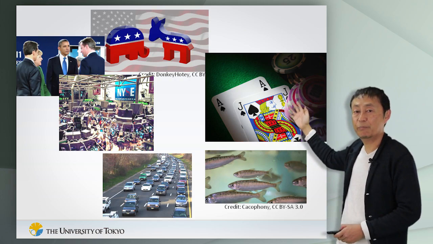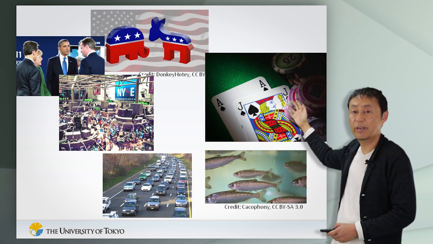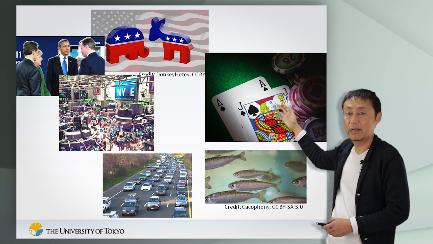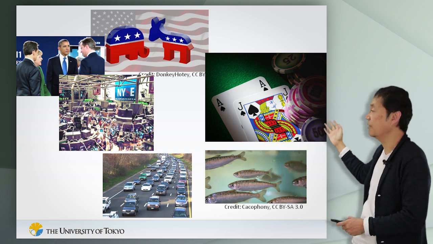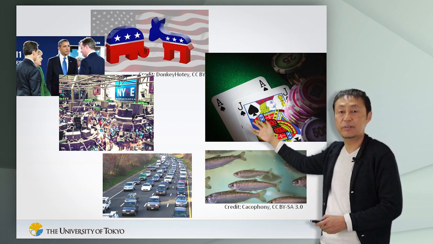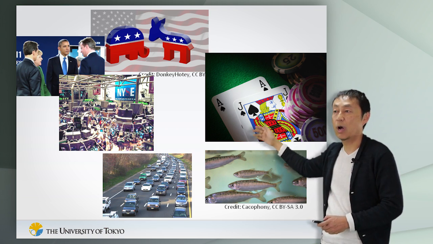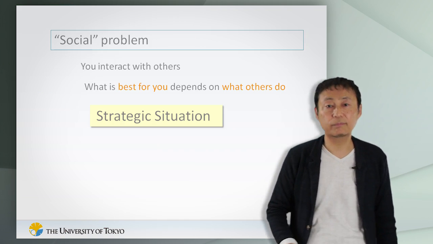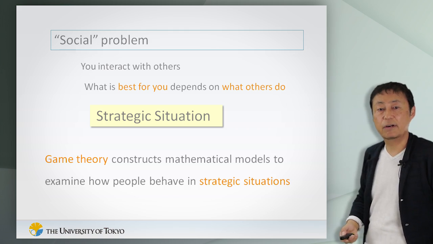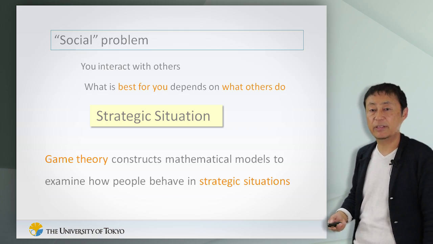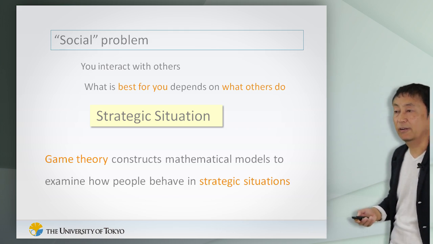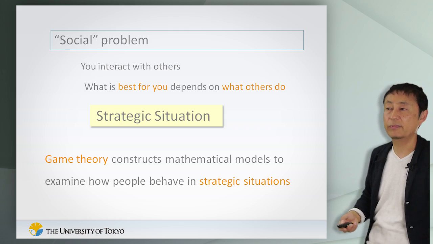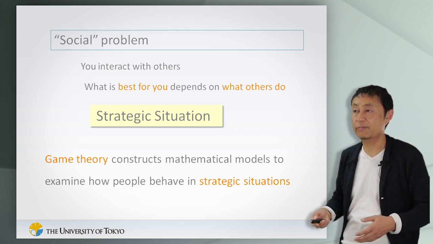The political campaign between Democrats and Republicans: what is best for the Democrats depends on what Republicans are going to do. In negotiation, what you should do depends on how your opponent is going to react, and so on. Okay, so game theory constructs mathematical models to examine or to predict how people behave in such a strategic situation. Okay, so this is the subject of game theory.